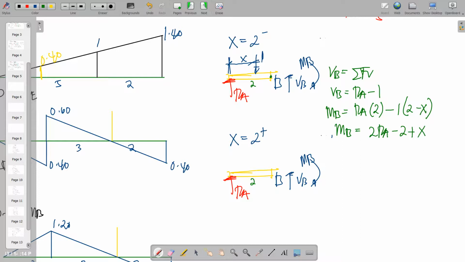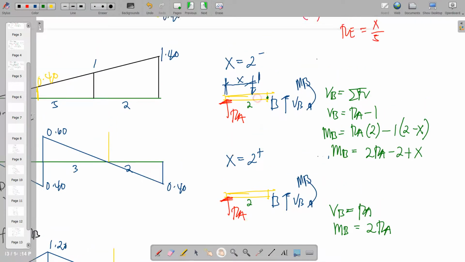And then for this VB, we'll just have to remove 1 because 1 is no longer here. MB is just equal to 2 times RA.